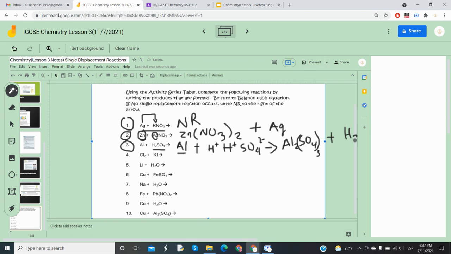And I forgot to talk about the balancing of chemical equations. Please make sure it's balanced. So for this number 2, I forgot to put a 2 here, since we have 1 atom of zinc and 1 atom of zinc. Then we look at silver, we have 1 atom of silver and 1 atom of silver, and then we have 2 atoms of nitrate here, and we have just 1 atom.